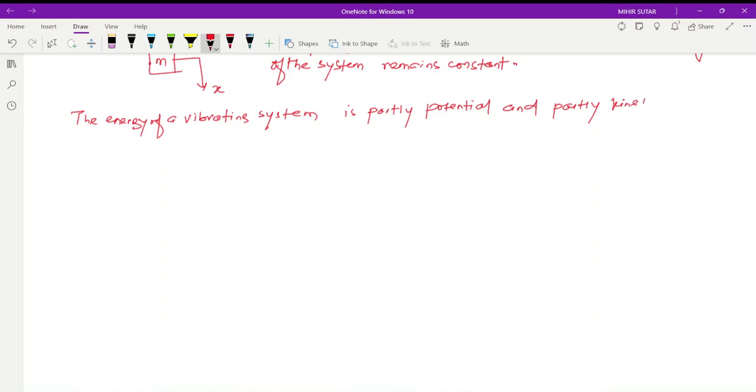The sum of these two energies remains constant.